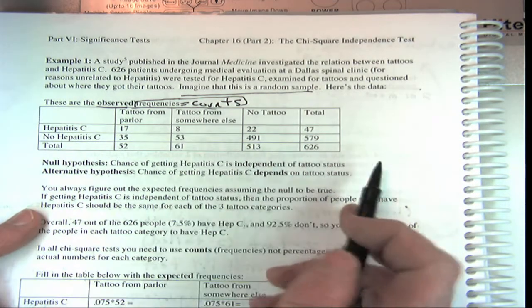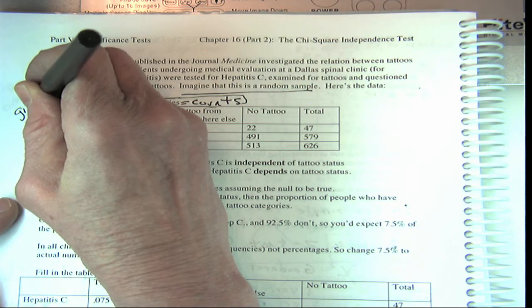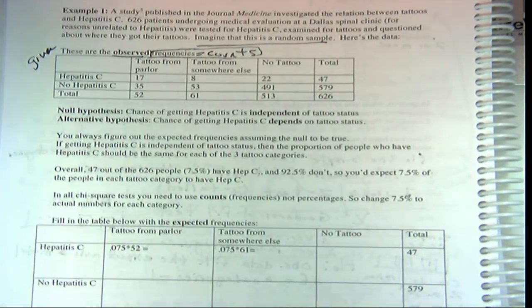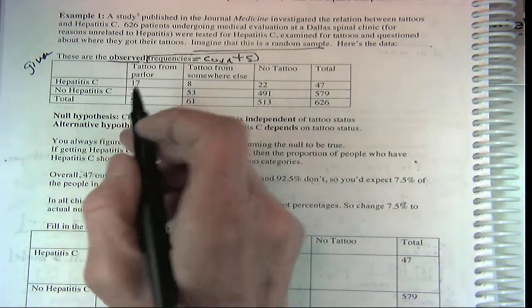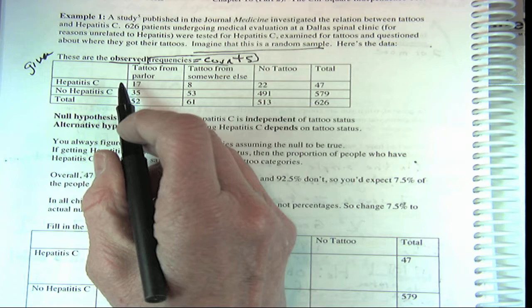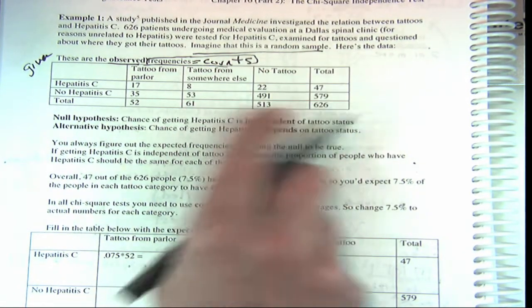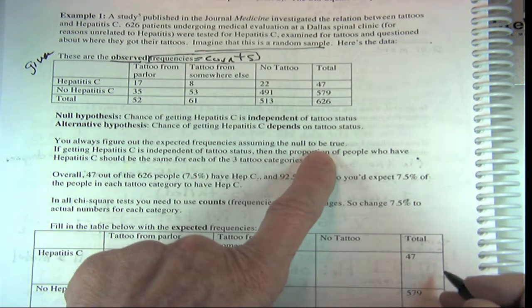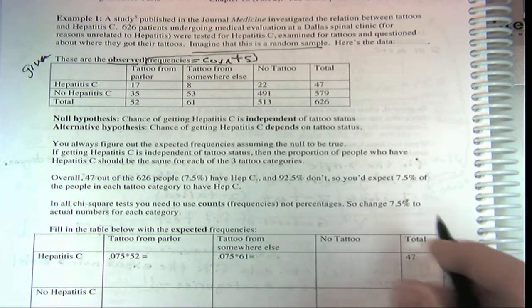how are we going to figure the expected? We're given this. This is what you're given. And how do you think you figure these expecteds? Well, you figure them under the null hypothesis. So the null hypothesis says the probability of getting hepatitis C or not has nothing to do with where you got it from. That 47, you figure under the null to be true. You see that 47 out of 626 people got hepatitis C, right?